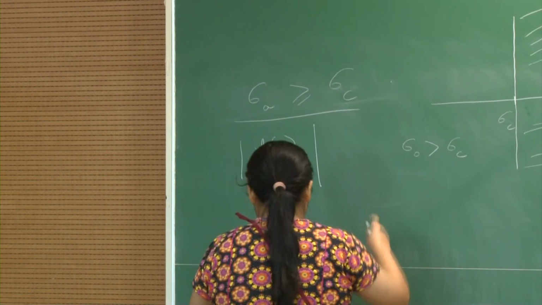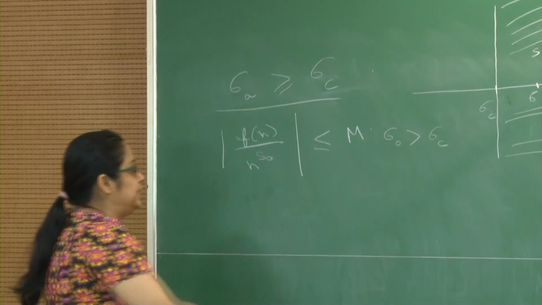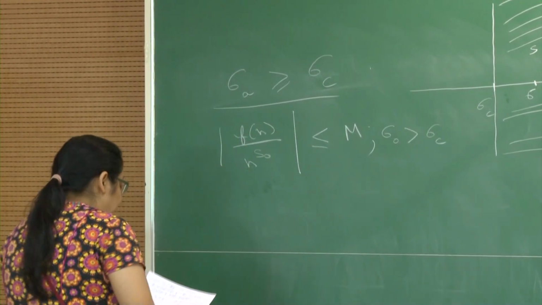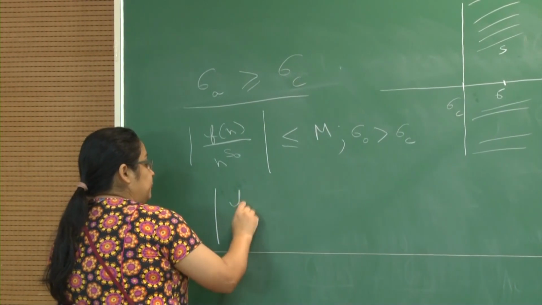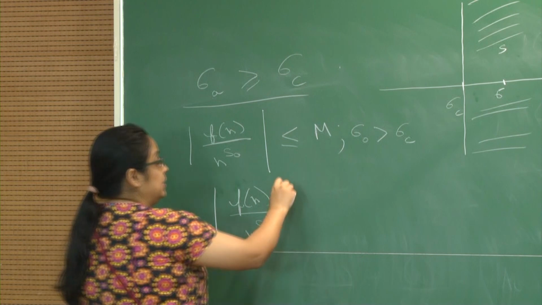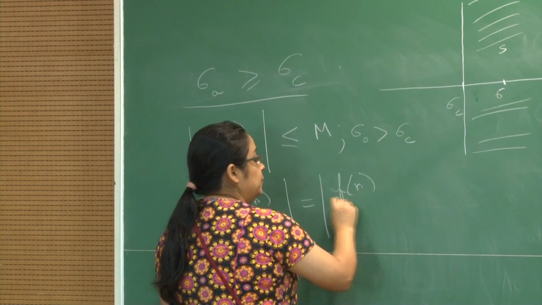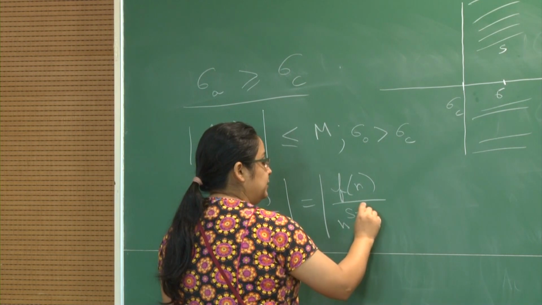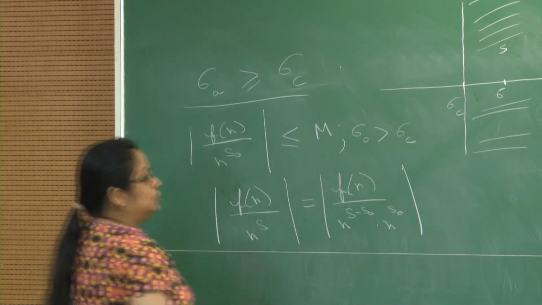So this is less than or equal to capital M, let's say, and what you have is now f of n over n raised to the s, which you write as f of n over n raised to the s minus s0 times n raised to the s0.